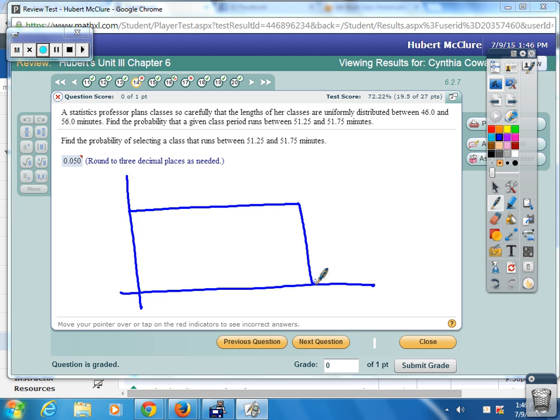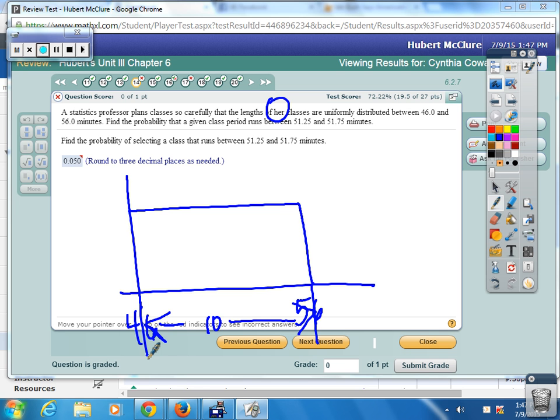A statistics professor plans classes so carefully that the lengths of classes are uniformly distributed between 46 and 56 minutes. So what's the base of our rectangle? The base of our rectangle is 10.